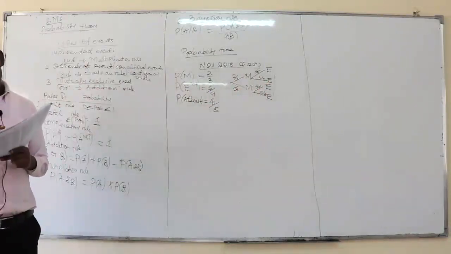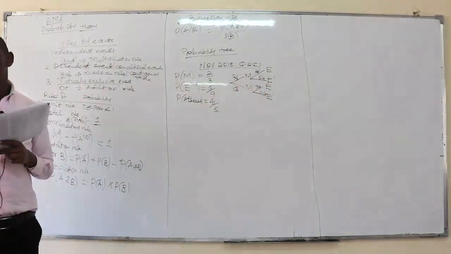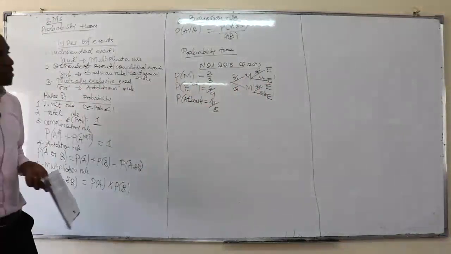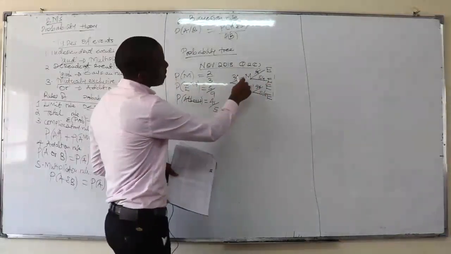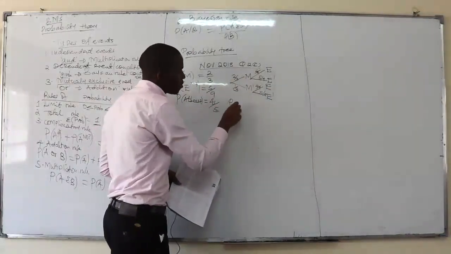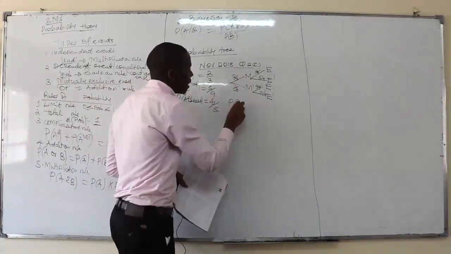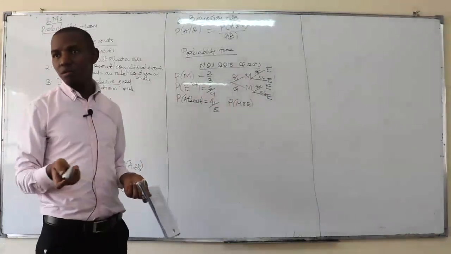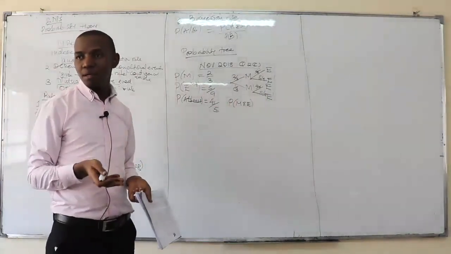The question was asking the probability that the student will pass both mathematics and English. So where will he pass? Here. So in that case, it will be the probability of M and E.